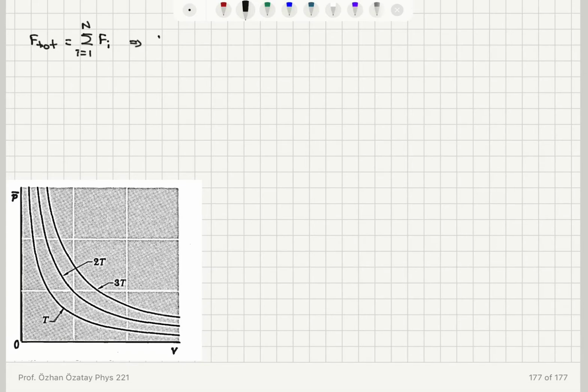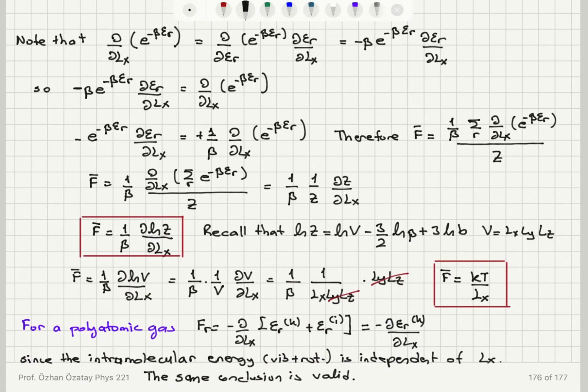If you take the average value of this total force, you would get the sum from i equals 1 to N of f sub i average value, and this will be equal to just the number of molecules N times the mean force per molecule. So I have N molecules, and therefore for the total force mean value I can write N kT divided by Lx, because the mean force per molecule was kT divided by Lx.